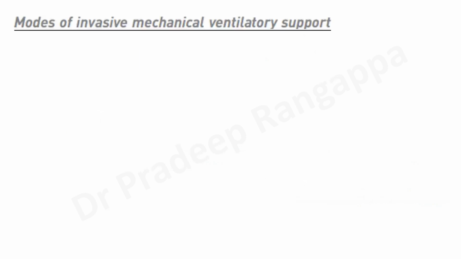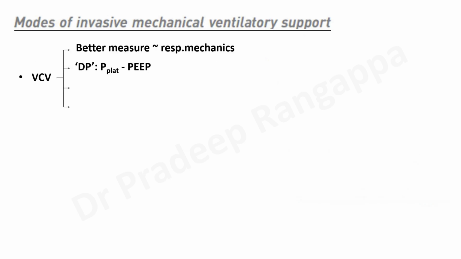So now we'll move to the next challenge in ARDS: which mode of ventilation, whether any mode will make any difference. There are certain arguments that volume controlled ventilation gives a better measure of respiratory mechanics. And with volume controlled, you have a better way of measuring driving pressure, which is P plat, plateau pressure, minus PEEP.